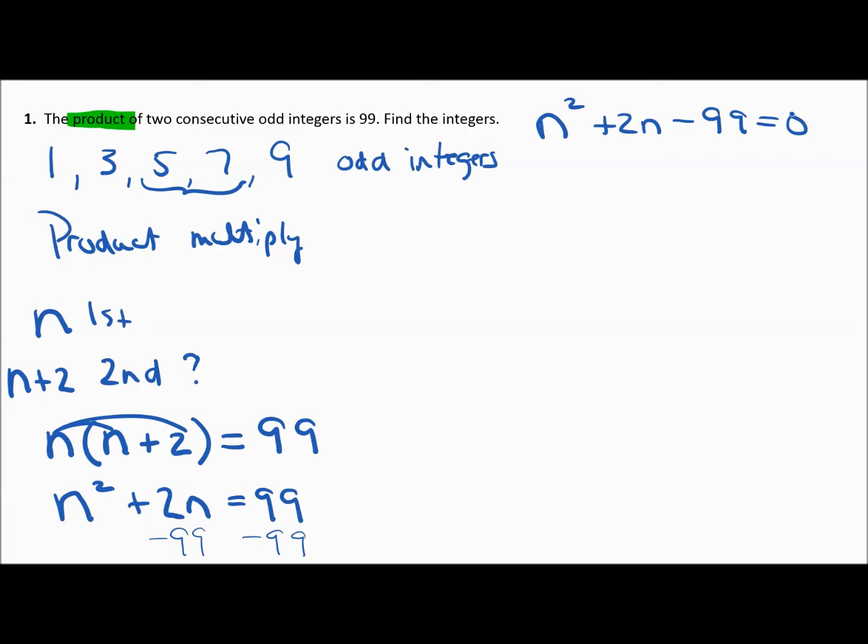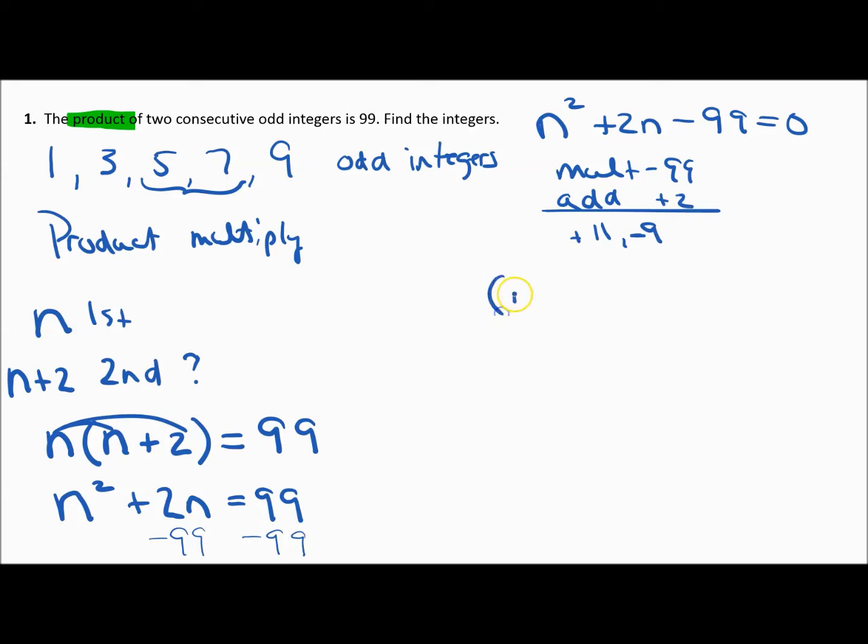But this factors. I'm trying to find numbers that multiply to equal 99 and at the same time add to equal 2. And think about the first thing that pops in your head when you think multiply to be 99, is 11 and 9, right? And if I make the 11 positive and the 9 negative, that'll work for us because those two numbers add to be 2 and multiply to be negative 99.